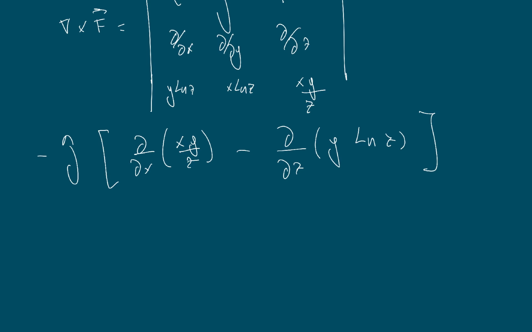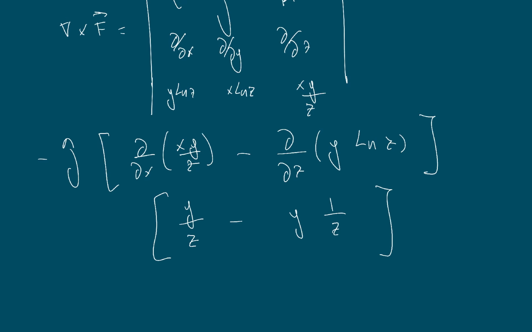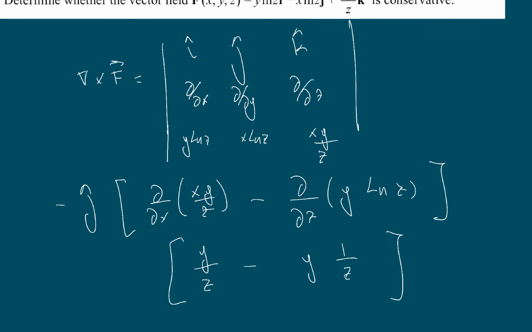The partial derivative of x multiplied by y divided by z gives y divided by z, minus the derivative of y natural log of z with respect to z, which is y times 1 divided by z. Oh, this is 0. So the j component is 0.